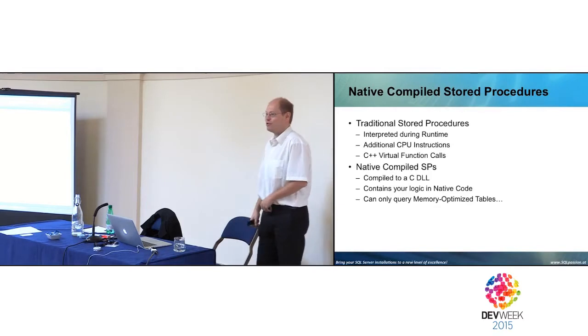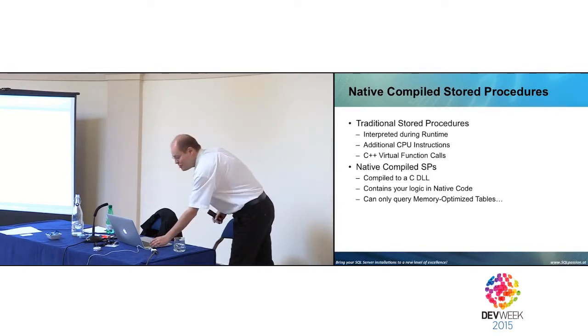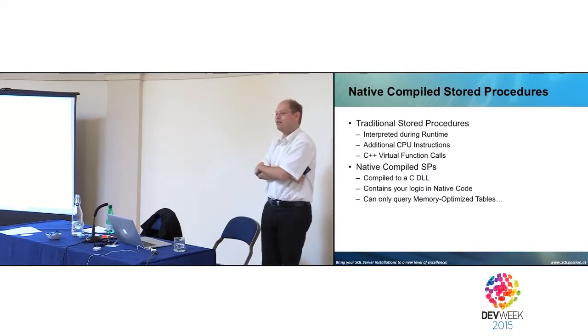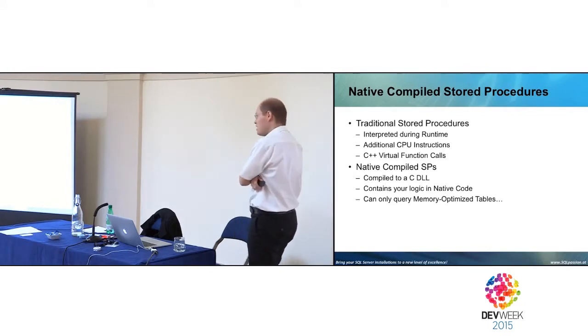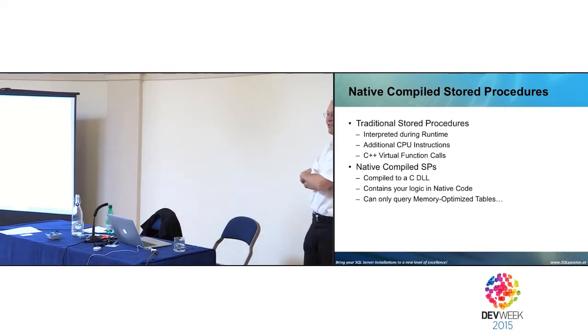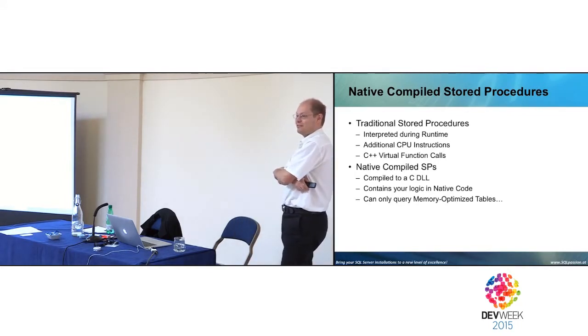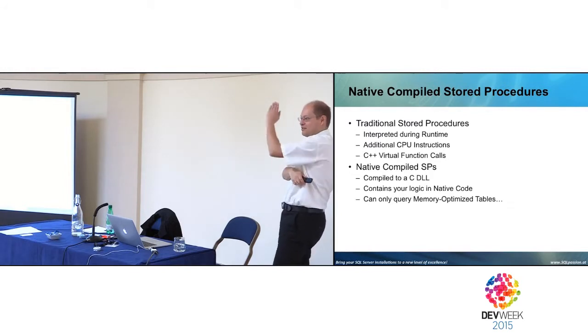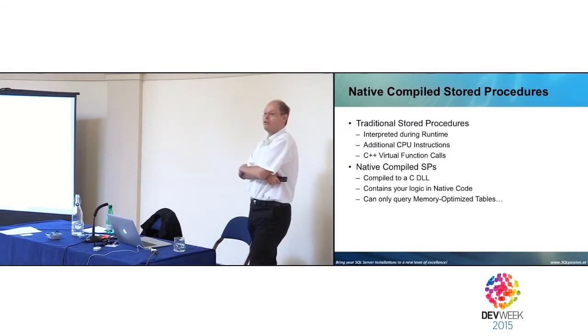That means from a performance tuning perspective, you have almost no idea what happened during runtime. Imagine you see your natively compiled stored procedure takes 2 seconds instead of 600 milliseconds. You can't ask SQL Server for the actual plan anymore. There is no actual plan. That's your plan: C code. Have fun. Just think about that.